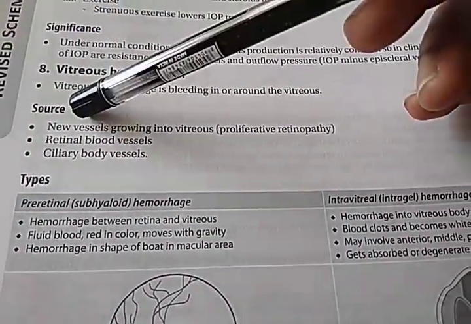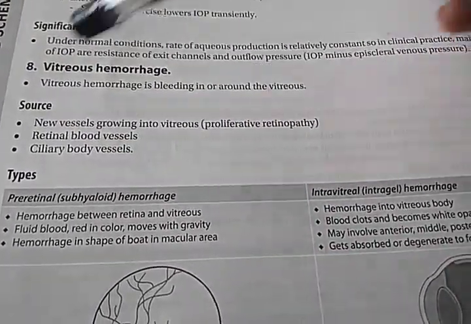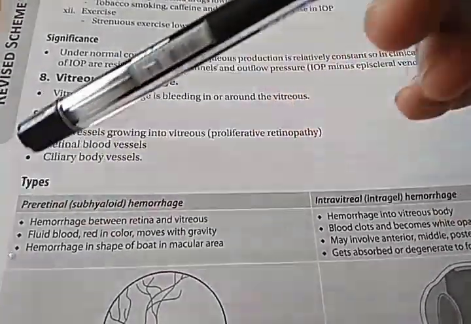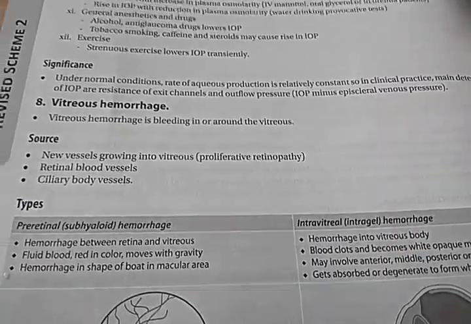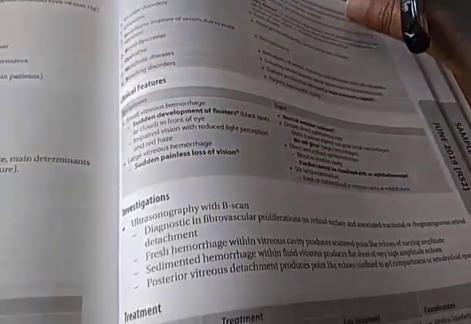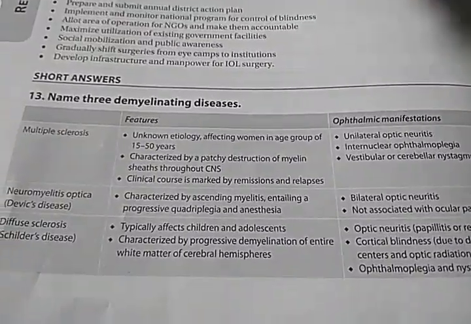The source of the blood will be new vessels growing into the vitreous, proliferative retinopathy, retinal blood vessels or ciliary blood vessels. These can leak. Types you have pre-retinal, intravitreal. I think we will stop here, not go into too many details, right? So basically short answers, I think this is something you should read.